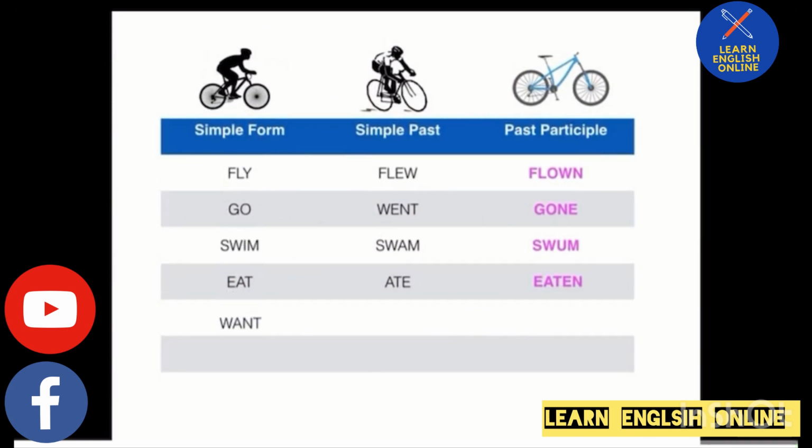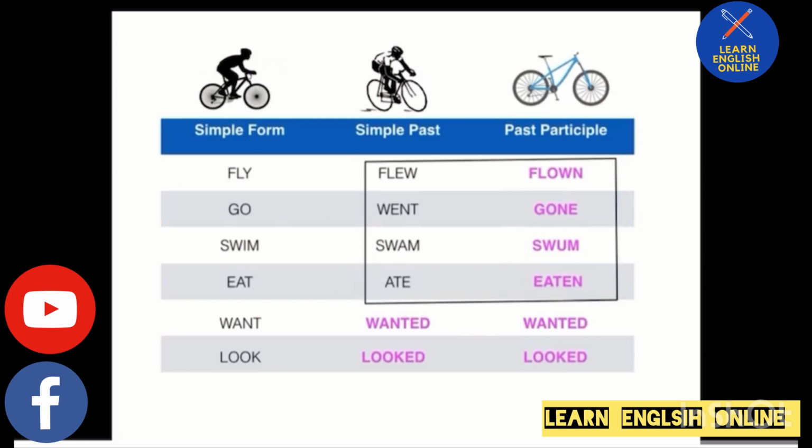For example, want. Do you know the simple past? How do we say want in the past? Yep, it's wanted. Guess what? The past participle is the same. It's also wanted. How about look? Yep, it's looked. And so is the past participle.